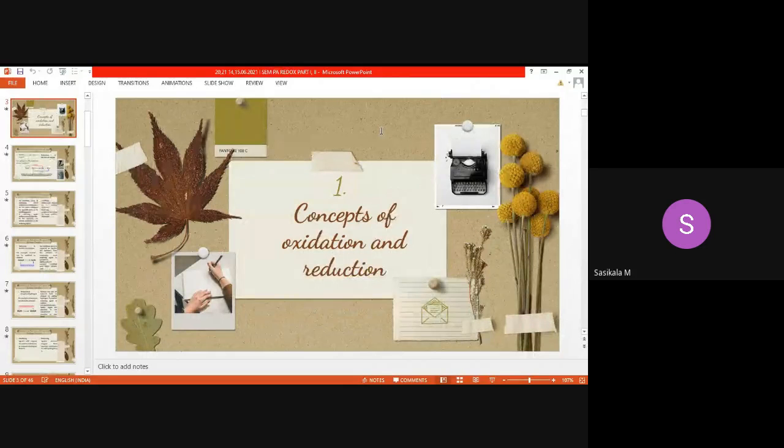In classical concepts, oxygen or hydrogen transfer takes place between the molecules during the oxidation and reduction process. The electronic concept tells about electron transfer between the molecules during the redox process. Redox represents reduction and oxidation. Now let's see the first concept.